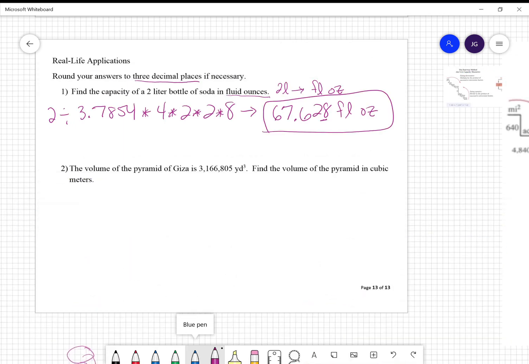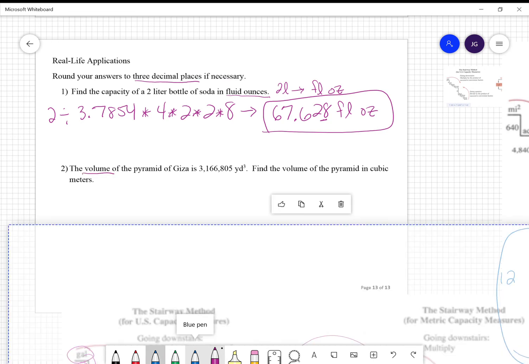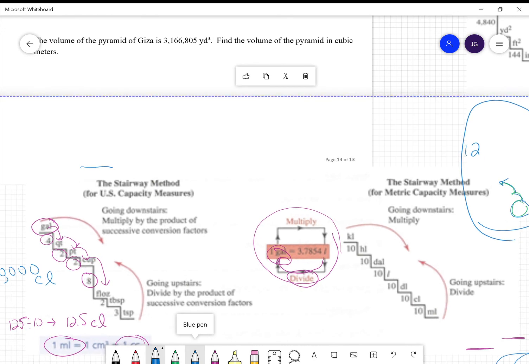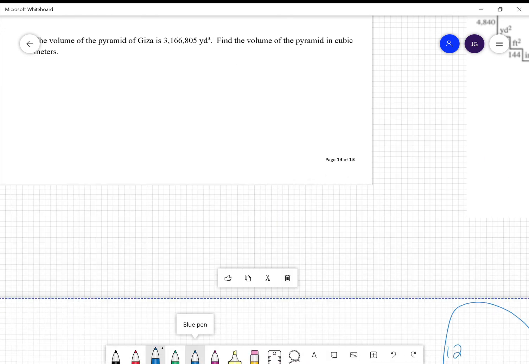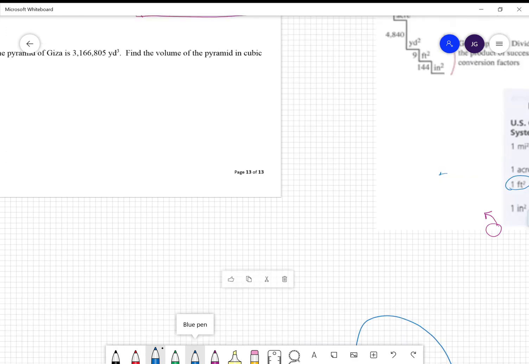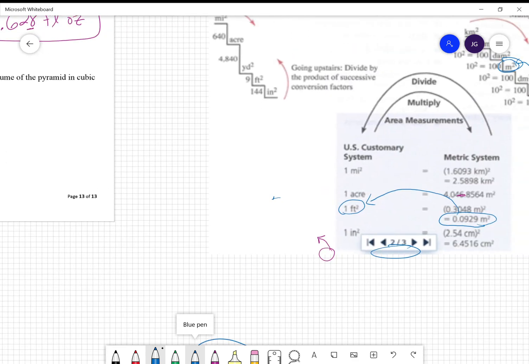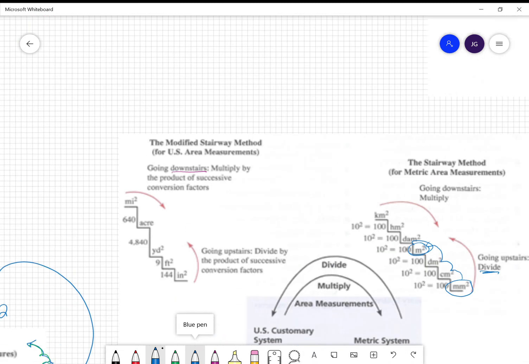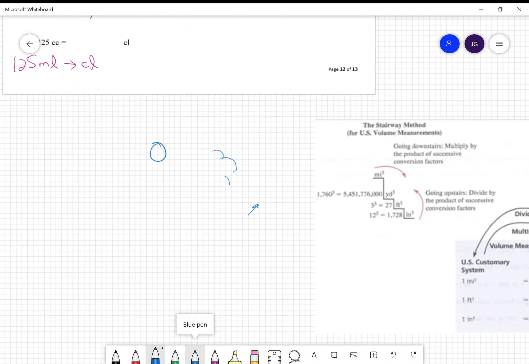Okay, the next one is a volume problem. So I'm going to want my volume chart. This is my area. I don't want that one. My volume is over here.